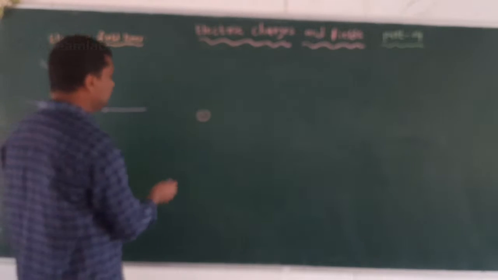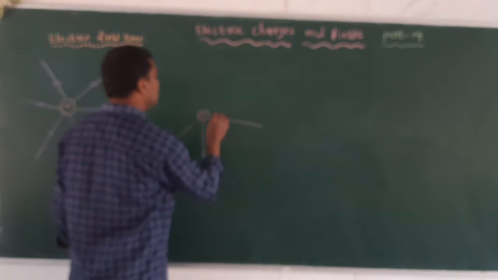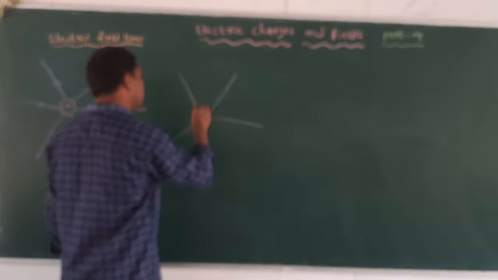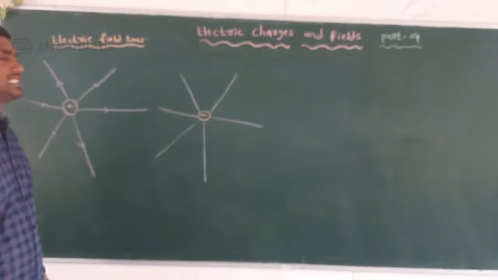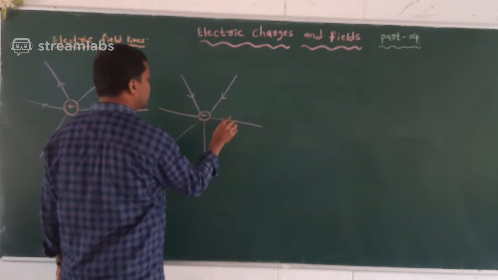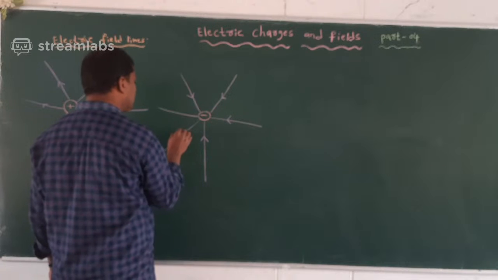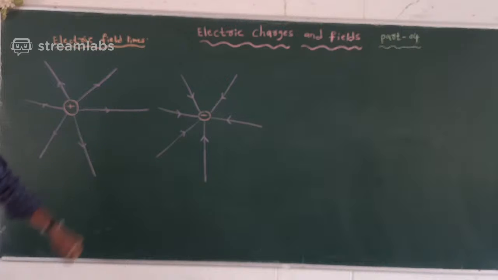When we draw the field lines of the negative charge, the direction of the field lines is towards the point charge, approaching the negative charge. The negative charge is the point charge.